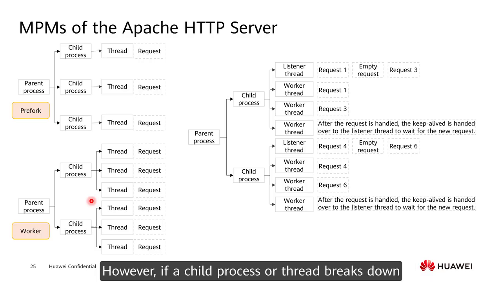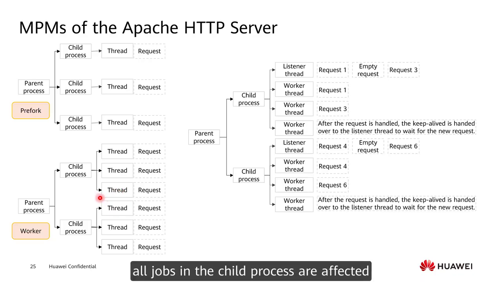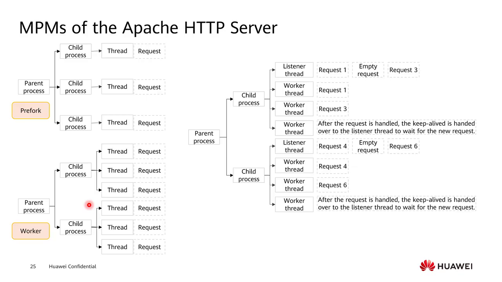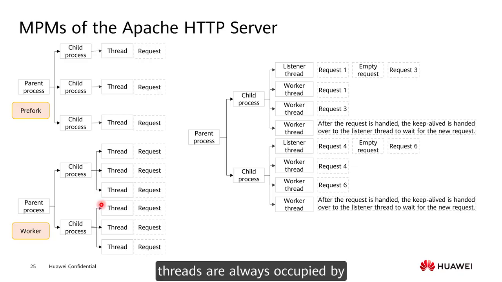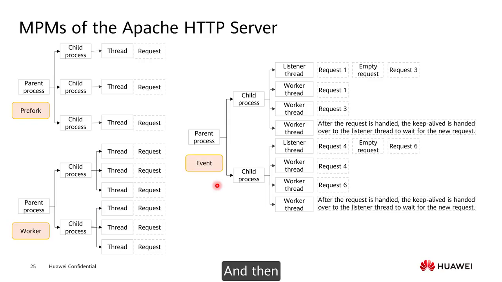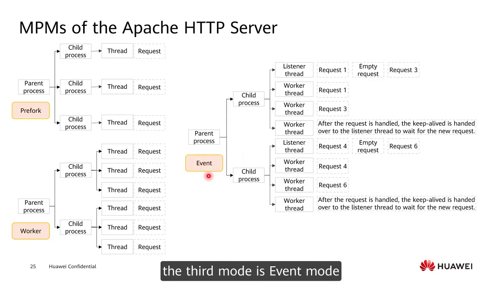However, if a child process or thread breaks down, all jobs in the child process are affected. In addition, threads are always occupied by persistent connection requests and will be released only after timeout.